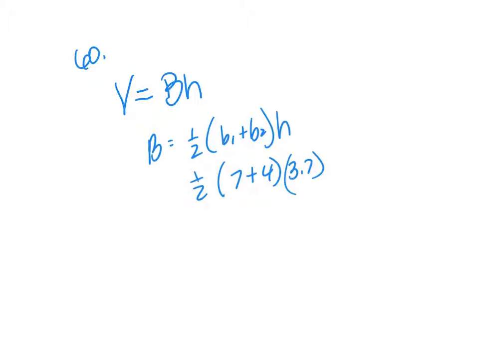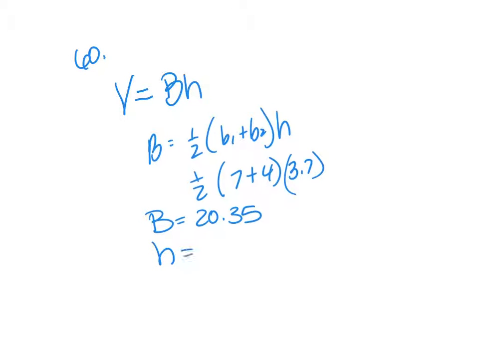And so you multiply those together to get big B, 0.5 times 11 times 3.7, and you get 20.35. So big B is 20.35.